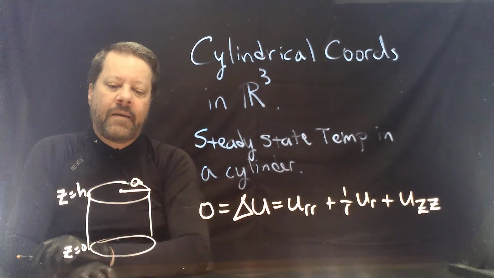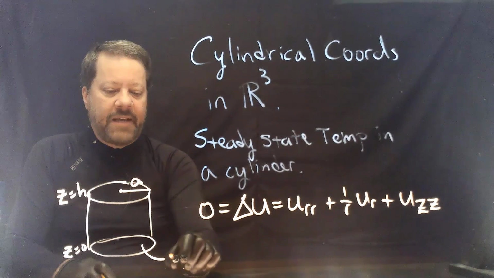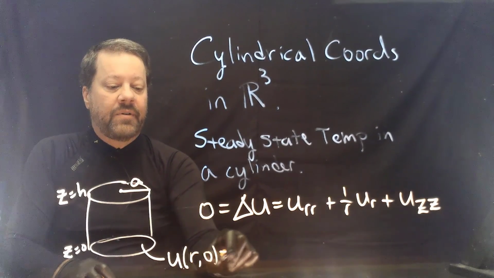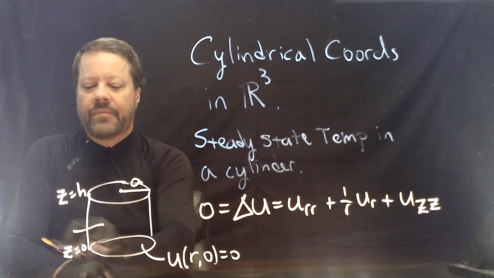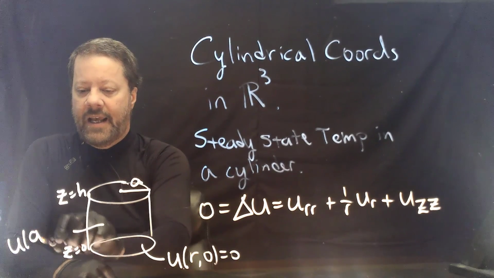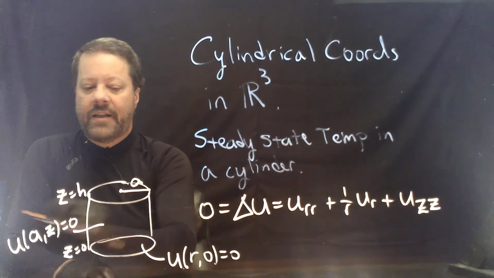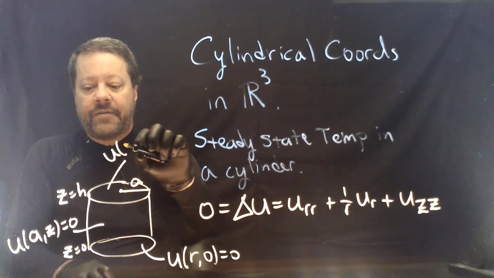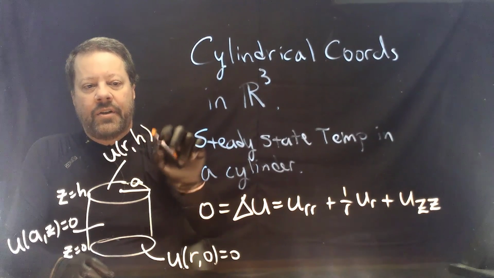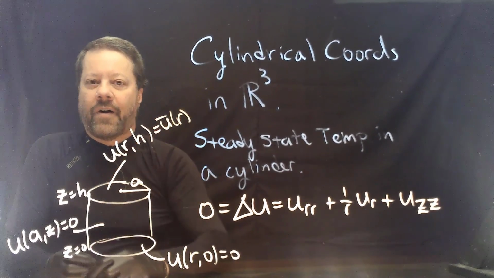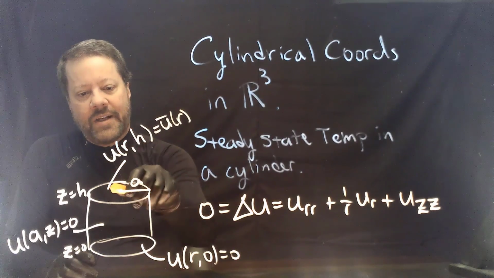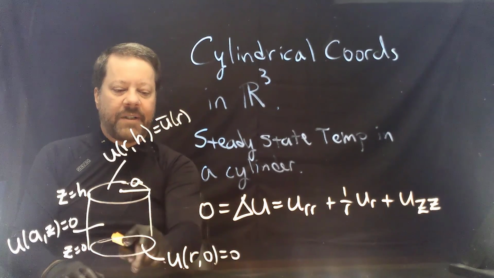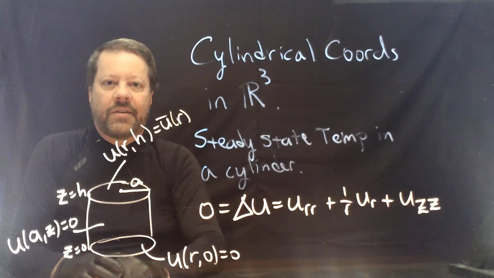The boundary conditions will be u(r, 0) equals 0, u(a, z) equals 0, and on the top, u(r, h) equals u bar of r. So we'll have potentially non-zero boundary data on the top disk, but on the sides and on the bottom disk, we'll assume that the data are identically 0.